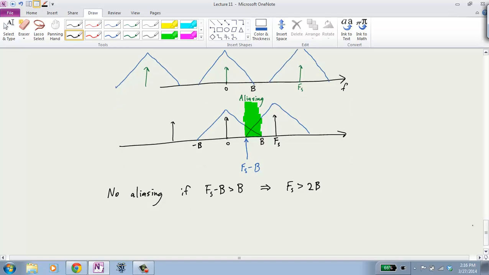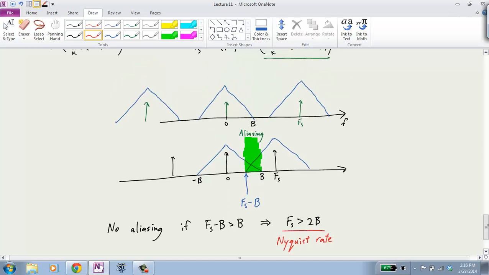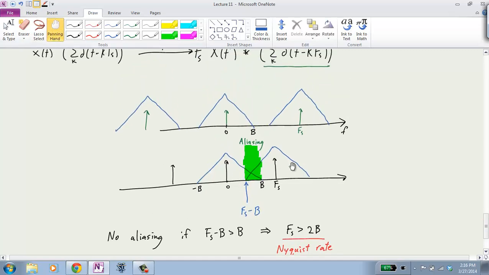So this is called the Nyquist sampling rate. Twice the highest frequency of your signal. Okay, and we see that if we have that, we do not get overlap in these copies of the spectrum.